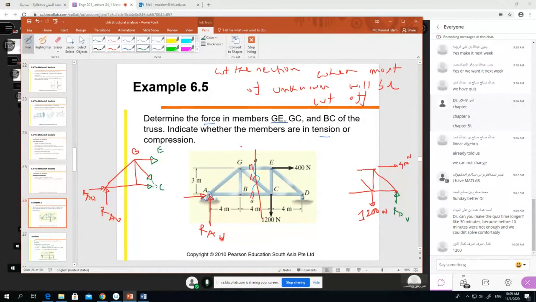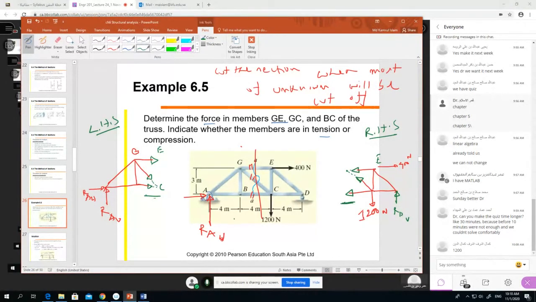And here is EG, which must also be tension, imaginarily connected here. This is the left hand side and this is the right hand side. For equilibrium, you must understand that this is the right side and this is the left side.